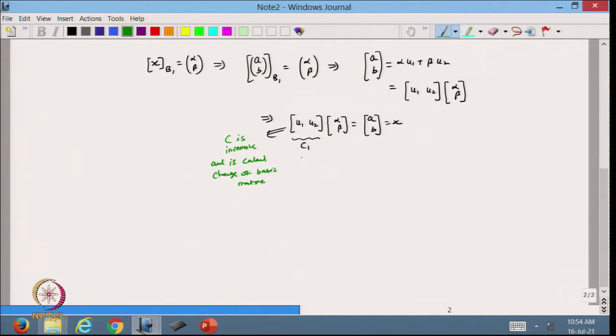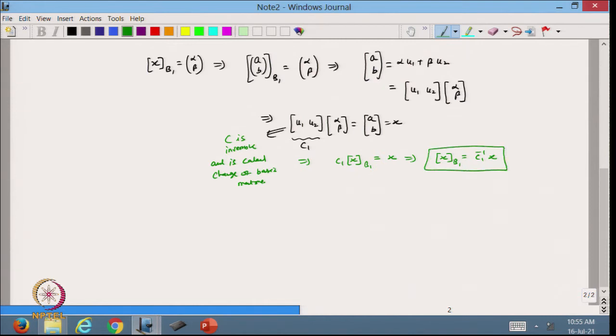So C1 times (alpha, beta), the coordinates of x with respect to the basis B1, is equal to x, and hence [x]B1 is equal to C1 inverse x.